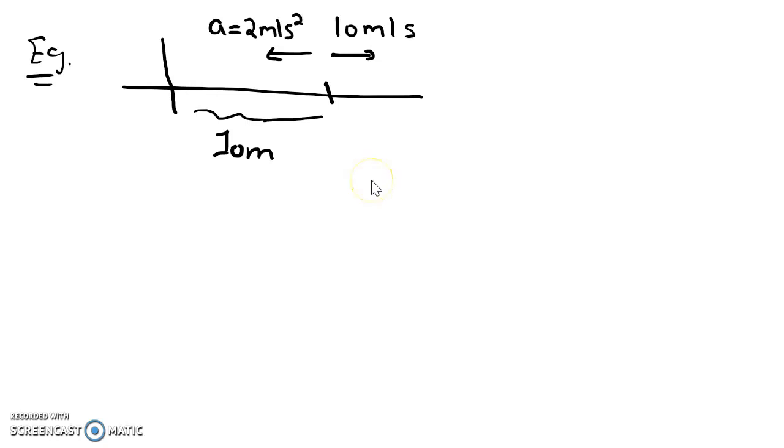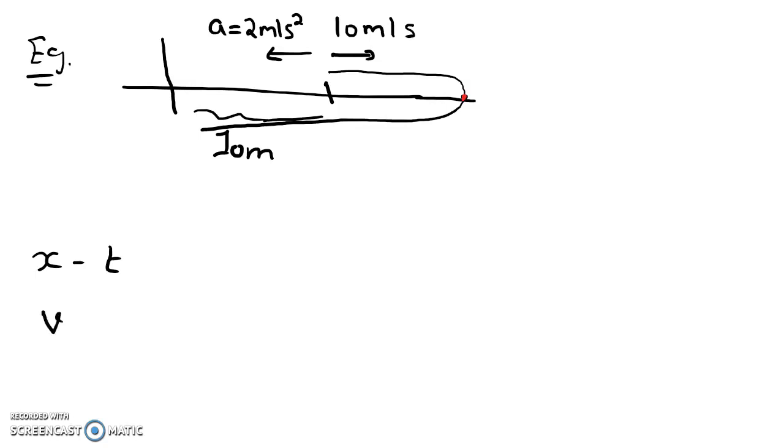So you can know that the body would go like this and then turn back, and then this. Find this time. Find the xt curve along with the markings. Find the vt curve, find the at curve.